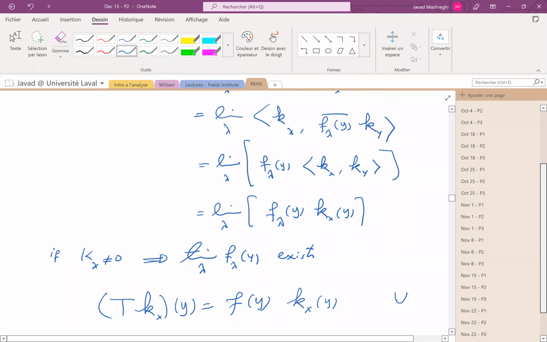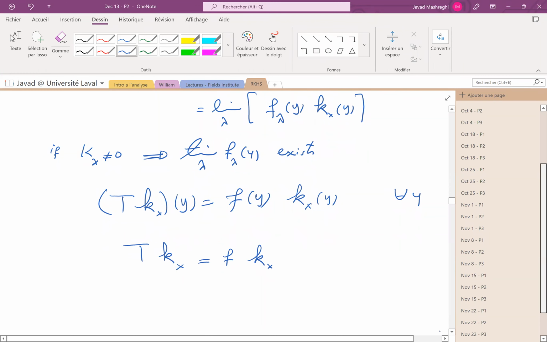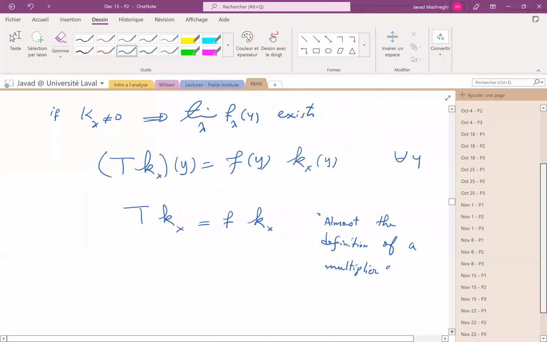Another way to write this, it is true for any y, is that T kx is equal to f times kx. That's almost the definition of a multiplier. Almost, because not every function is there. We just have the kernel functions. For kernel functions, f acts as a multiplier.